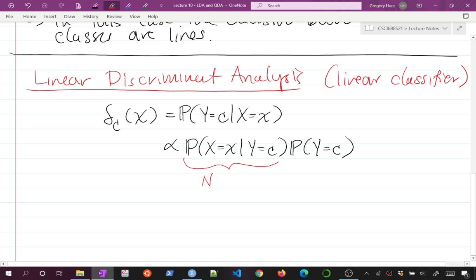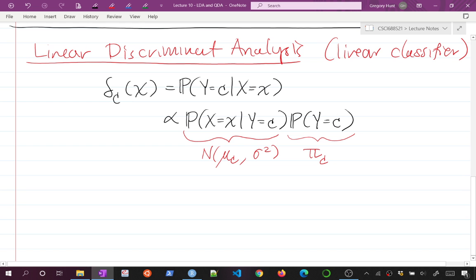The assumption is that the class conditional probability, if I know my x is associated with a y from class c, which is how we read that first probability, is, and probability is a bit of an abuse of notation here because it's continuous, we're going to assume it comes from a normal distribution with a mean that depends on the class and a variance that doesn't depend on the class. It's the same for all the classes. And then the probability we're in class c, or so-called prior probability, is just going to be some number. We'll call it pi c.